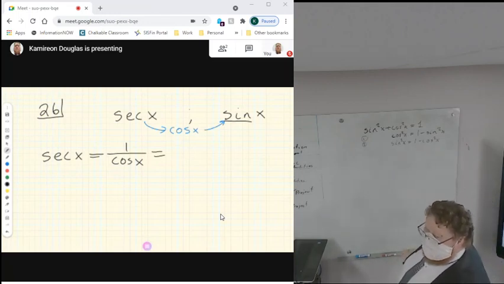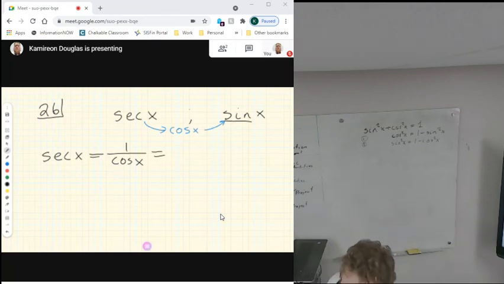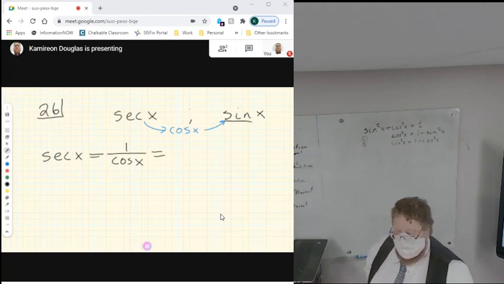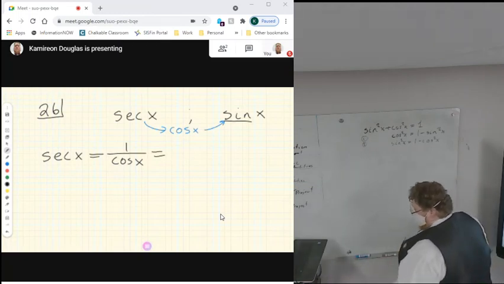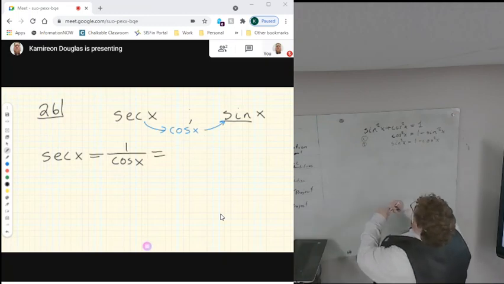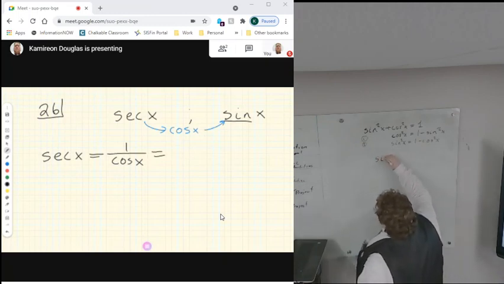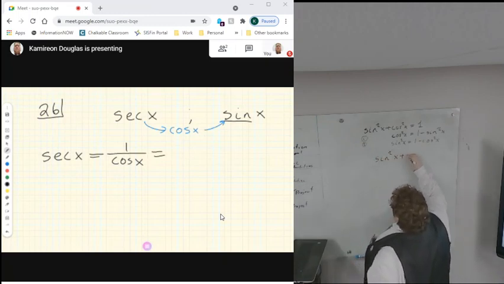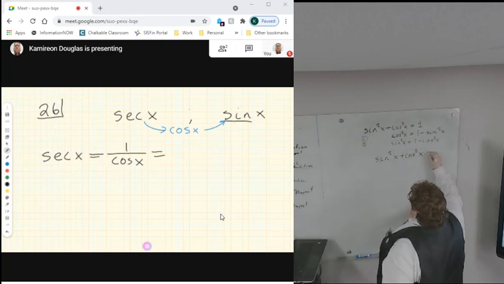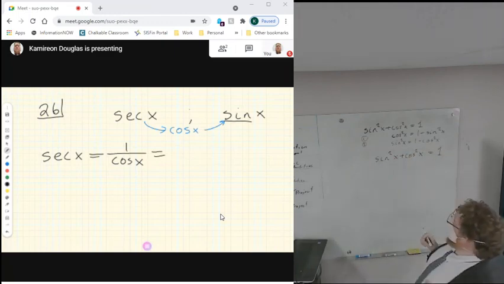Now, it does not connect single sine and single cosine. It connects sine squared and cosine squared. So we're going to have to make some modifications to it. But it does connect them together. So let's start there. We start with sine squared plus cosine squared. This is what I'm given.